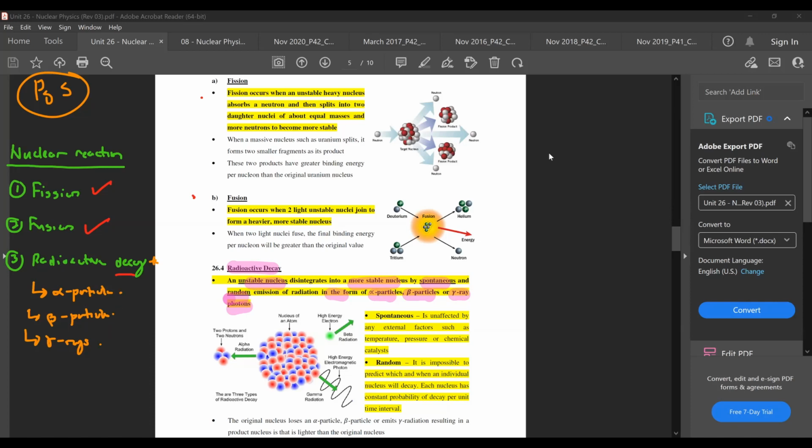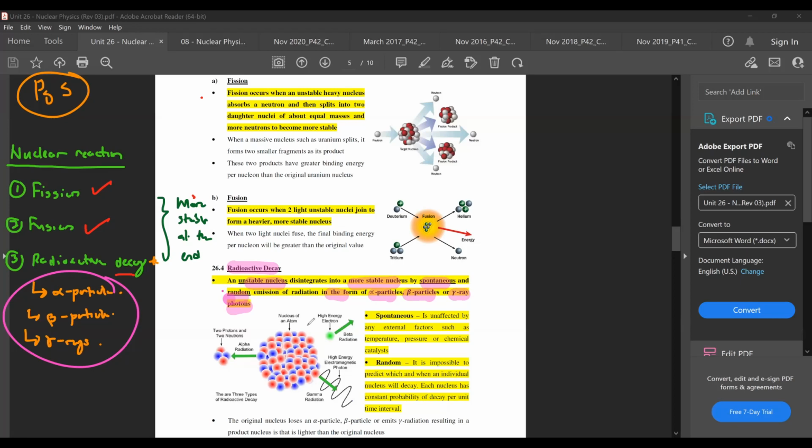Now for all 3 of these, fission, fusion, or radioactive decay, they will eventually become more stable at the end of your reaction. Specific to radioactive decay, it will only be classified as radioactive decay if it starts emitting any one of these particles here. That's why your definition is like this.